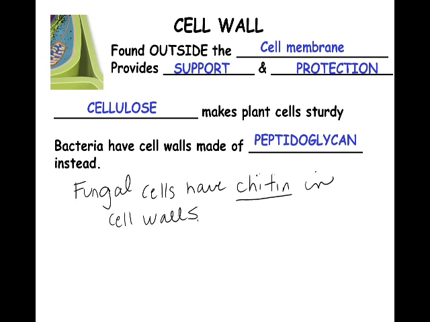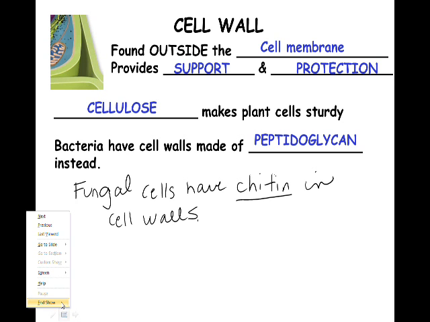They don't have cellulose. That would be another good test question. How are the cell walls of these different organisms different in that they have different molecules to help make them sturdy and support the cell?